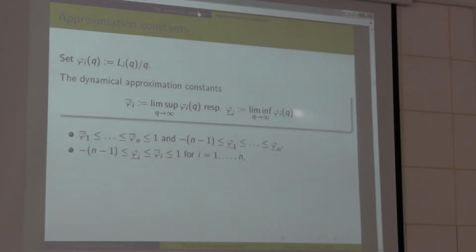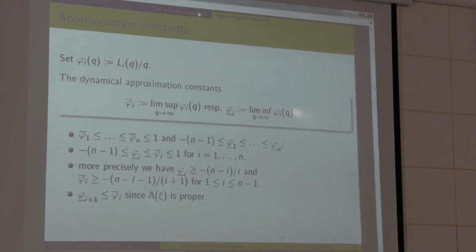So it's easy. From the definition of the lim sup and the lim inf, it follows that phi sub I underlined is less than phi sub I overlined all the time. One can give more precise bounds for these approximation constants as well, but we will need them later, so I just mention it.